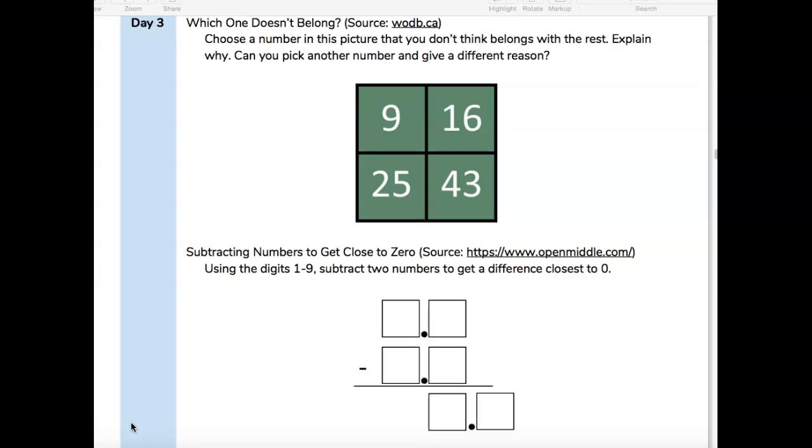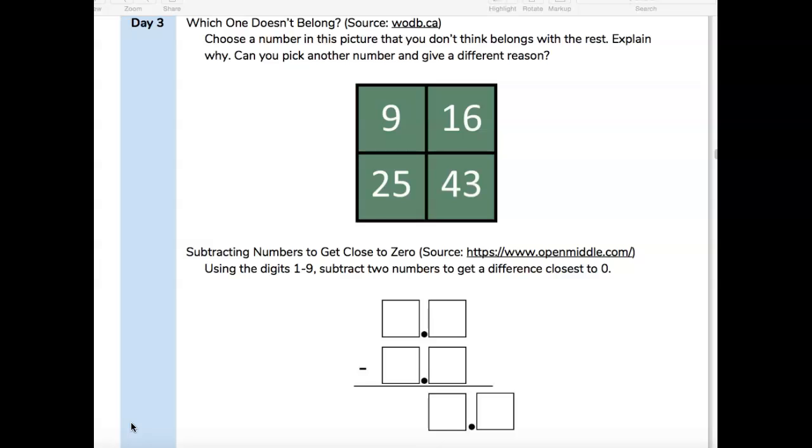Or I might pick the number 16 because it's an even number. Remember, an even number ends in 2, 4, 6, 8, or 0, and all of the other numbers there are odd. Or I could say 9 doesn't fit because if you add the digits of the other numbers together, you get 7.